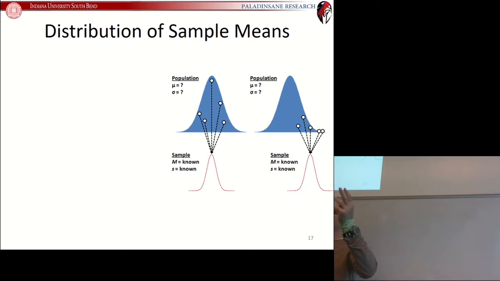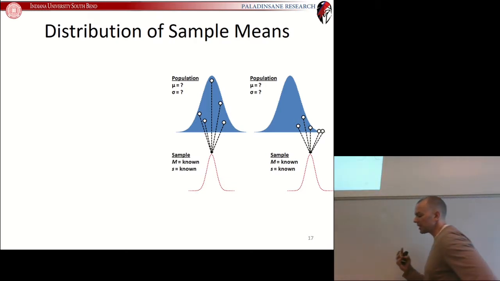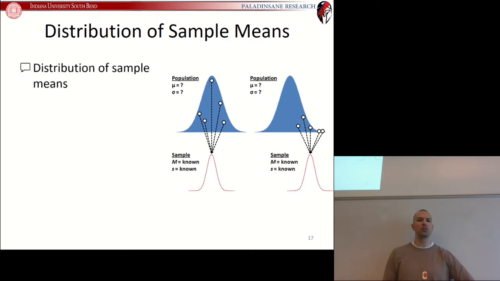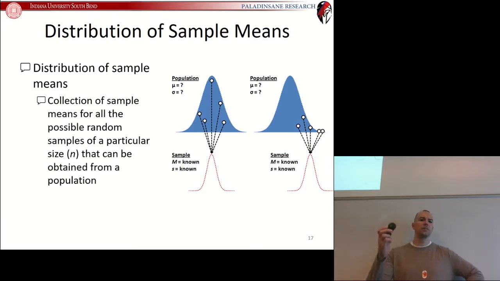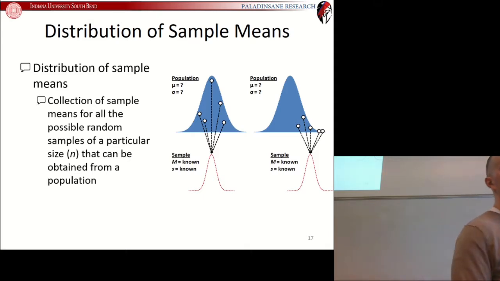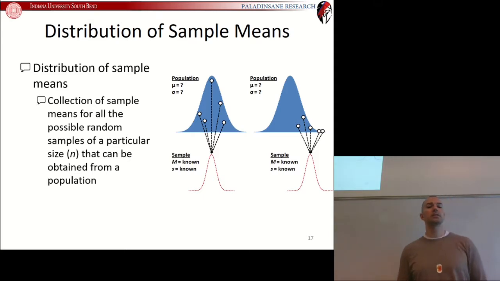So it's much less likely that your sample is made up of people from the tails versus people from the body of your population. So samples can come from different portions of the population, and you can actually create what's known as a distribution of sample means. The distribution of sample means is a new distribution, and it's a collection of all the sample means from a particular population for a particular size of a sample.